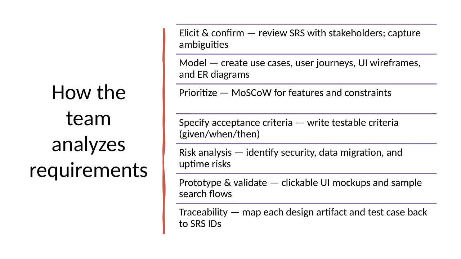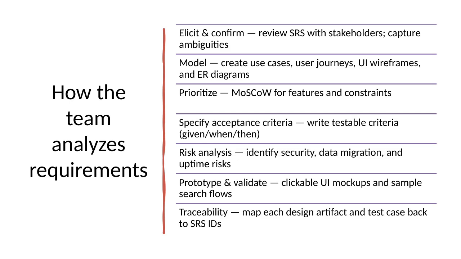Now let's move on to how the team approaches analyzing the requirements. This process is a collaborative effort where each member plays a key role. The business analysts start by gathering detailed requirements from stakeholders to make sure everyone's needs are clearly understood. Then, the developers review these requirements to assess technical feasibility and identify any potential challenges.